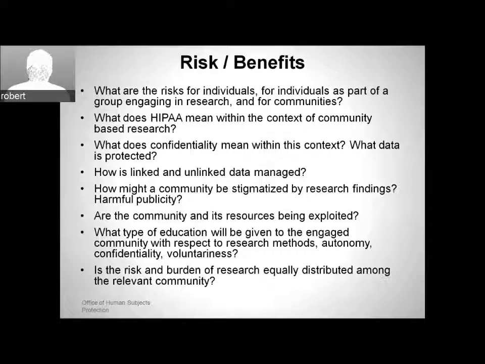Are the community and its resources in any way being exploited? What type of education will be given to the engaged community with respect to research methods, autonomy, confidentiality, and the voluntary nature of their participation? Is the risk and burden of research equally distributed among the relevant community?